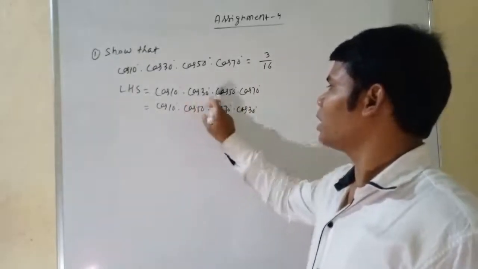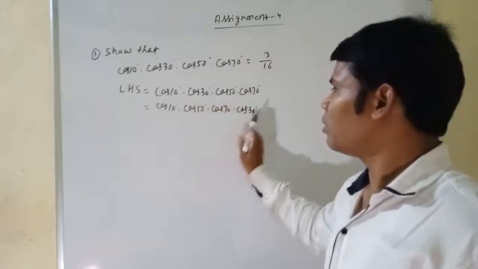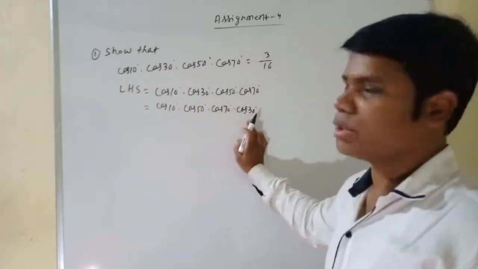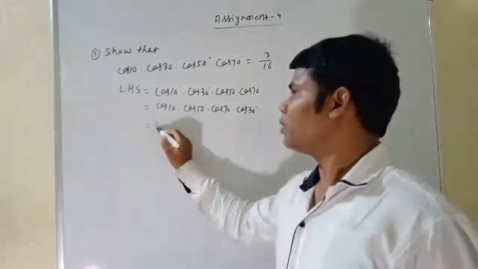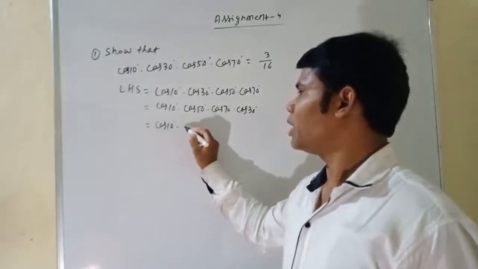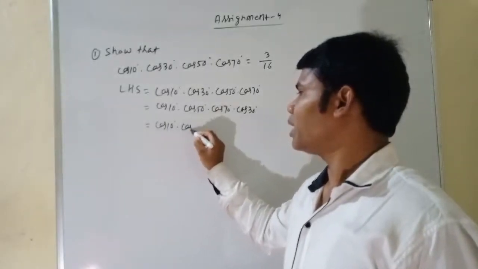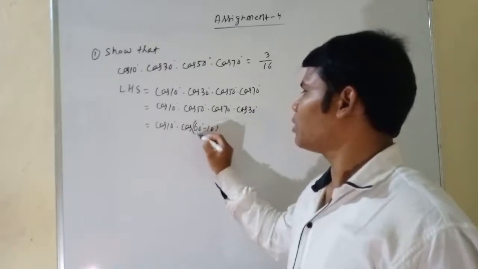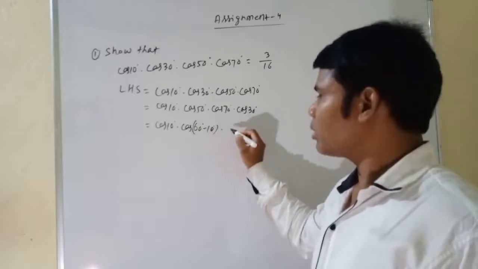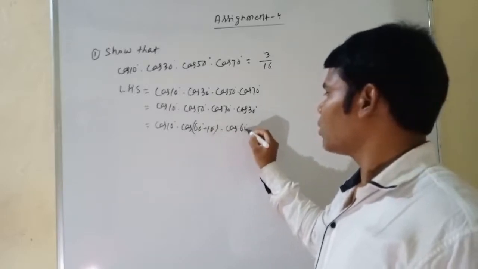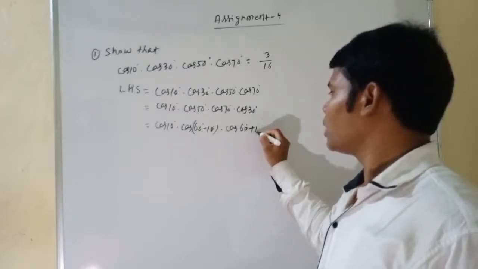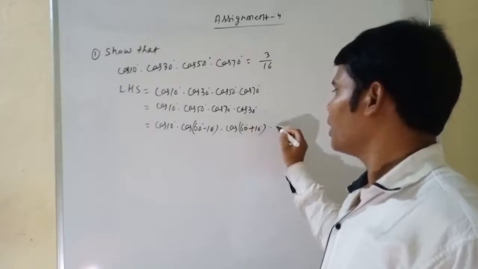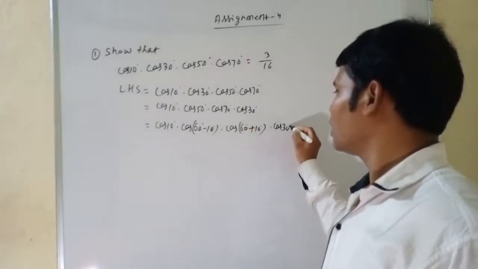You know the value of cos 30, that is root 3 by 2. Now cos 50 we can write as cos of 60 minus 10 degree, since 60 minus 10 is equal to 50. Then cos 70 is cos of 60 plus 10 degree, into cos 30 degree.